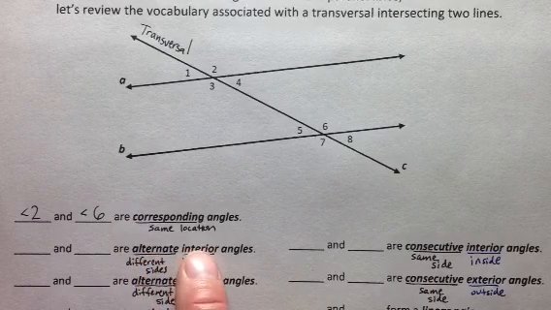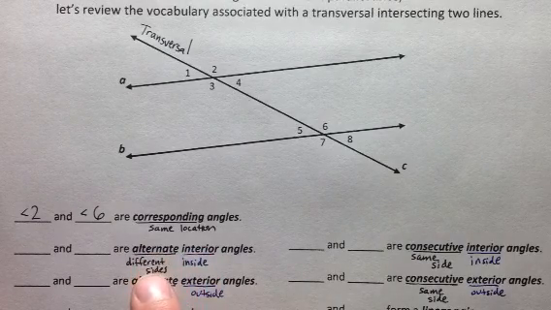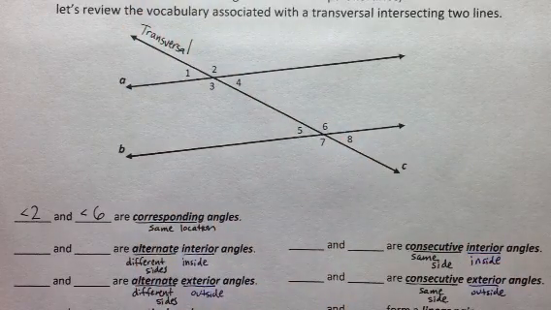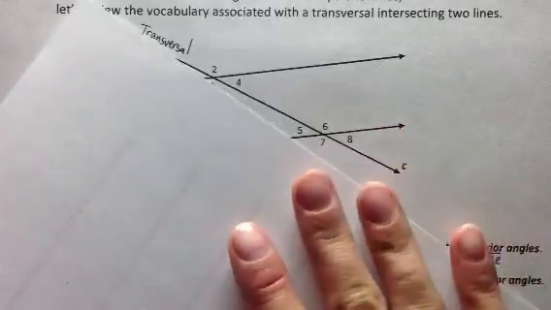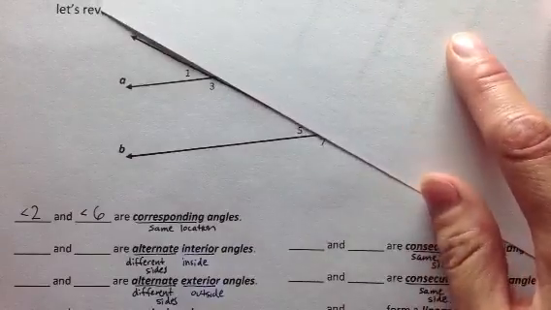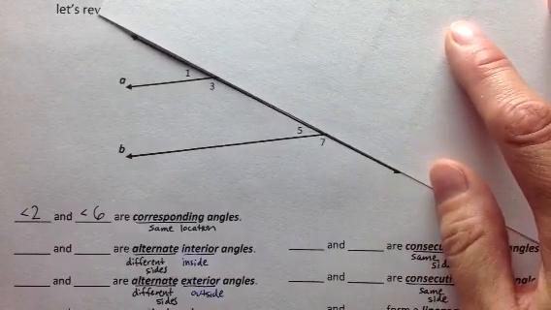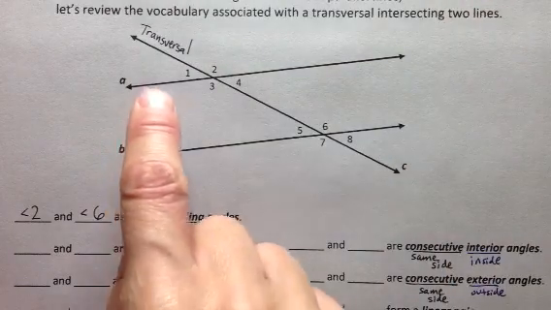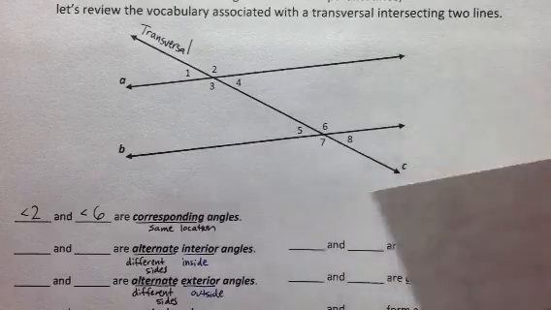Alternate interior. So when I say alternate, I mean different sides of the transversal. So one angle will come from that side of the transversal and the other angle will come from that side of the transversal. Okay, interior. Interior means on the inside of the two lines being intersected.